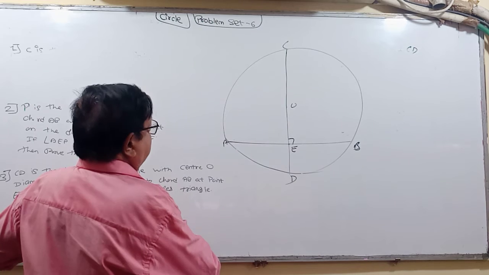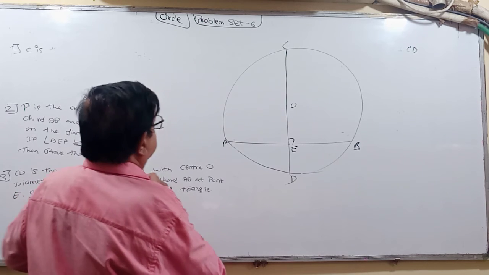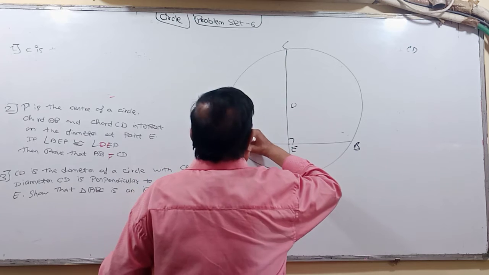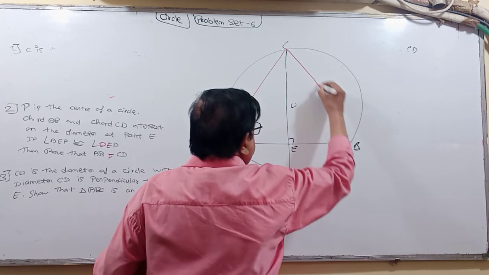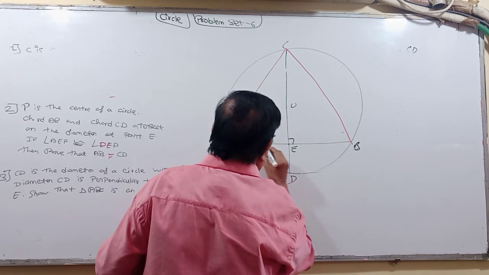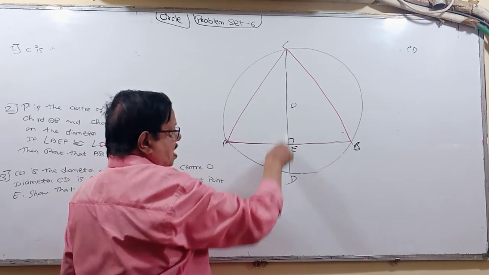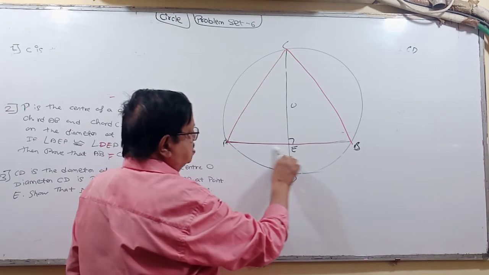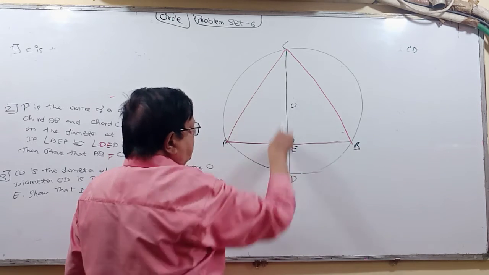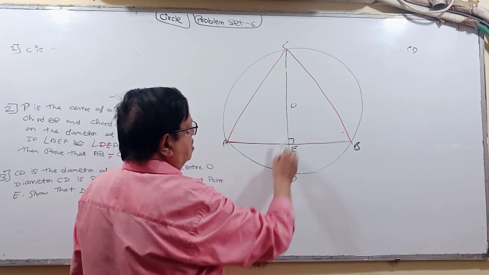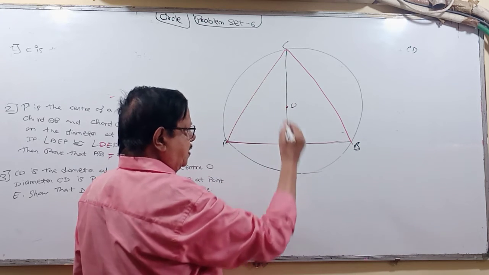Let us draw triangle ABC. We have to show that this triangle is an isosceles triangle. What are they given? This is a diameter. This is the chord. The diameter is perpendicular to the chord. O is the center.